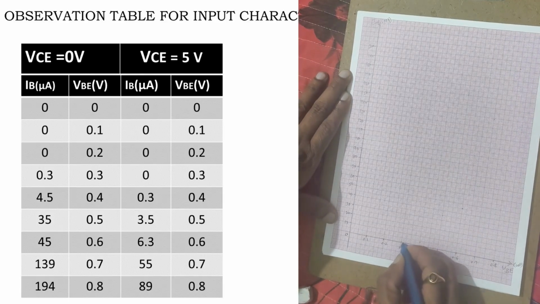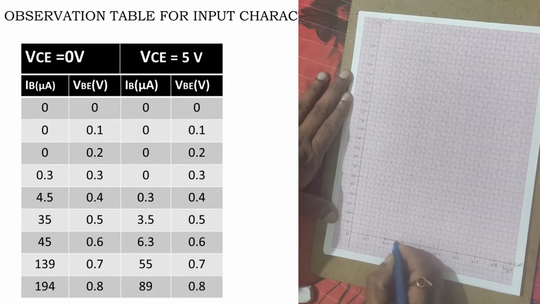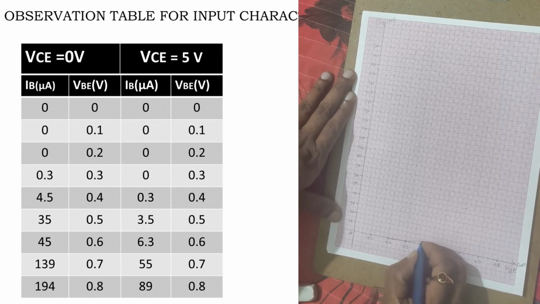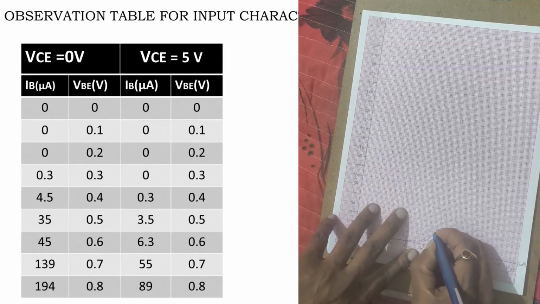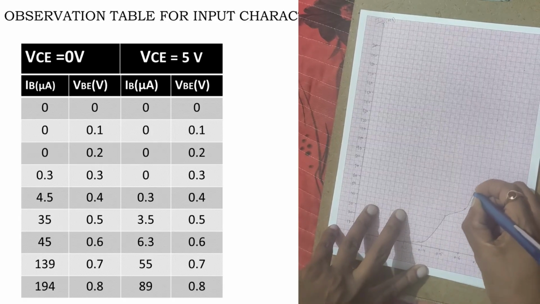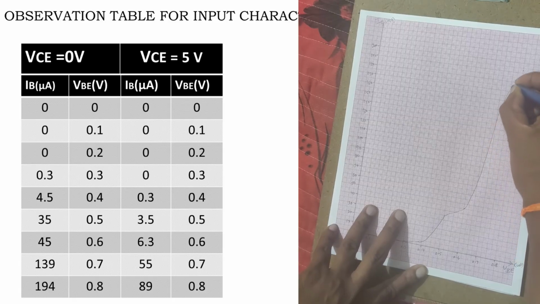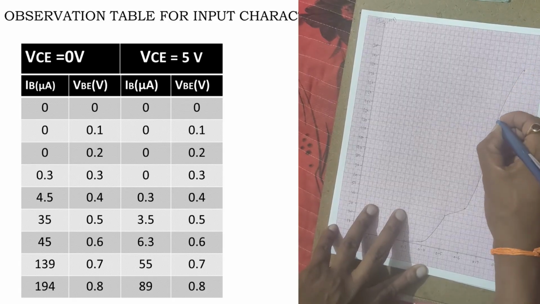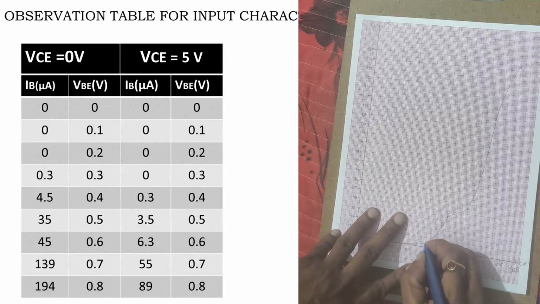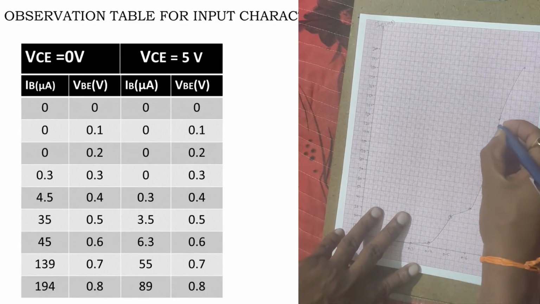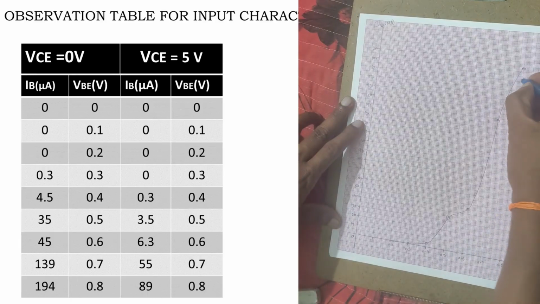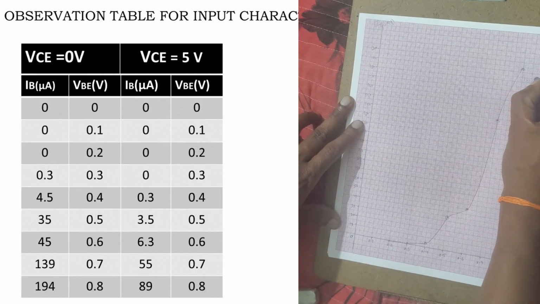Now by connecting all these points, this is for VCE equals 0.